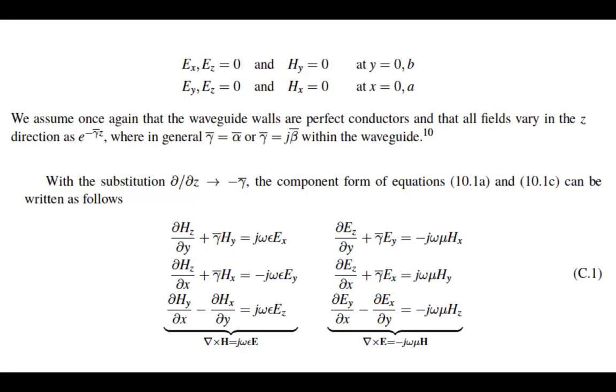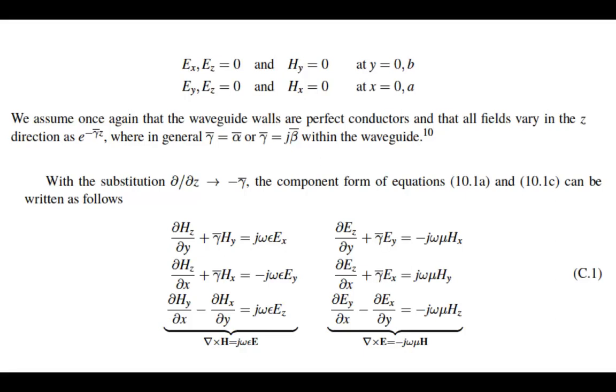If gamma is J beta, then we'll have e to the minus J beta Z, and we'll have propagation within the guide. So the goal here is to figure out, by applying Maxwell's equations and the boundary condition and the wave equation, kind of all three simultaneously, what waves will and will not propagate in the waveguide and what are the parameters of those propagating waves in the waveguide.